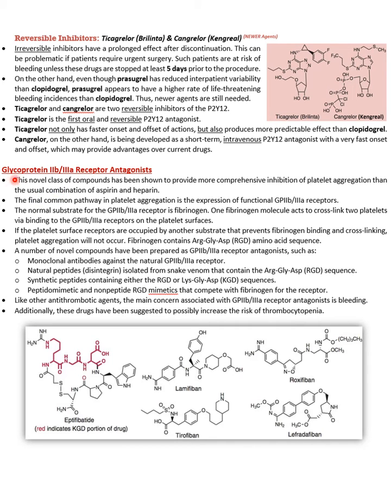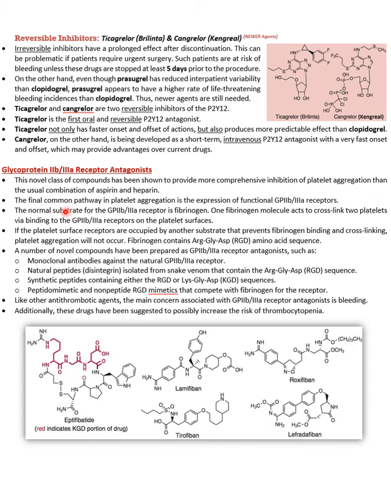This site, this receptor is called the glycoprotein 2B3A receptor. And by designing antagonists that fill this receptor, then we prevent the fibrinogen from binding to this receptor. So again, it's a novel class of compounds that provides actually a more comprehensive inhibition than the other classes, also compared to the aspirin and heparin, although we have not studied heparin yet.